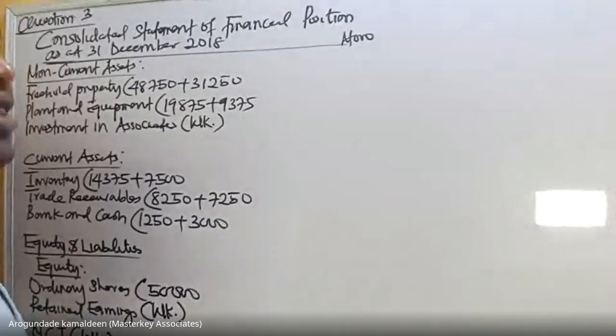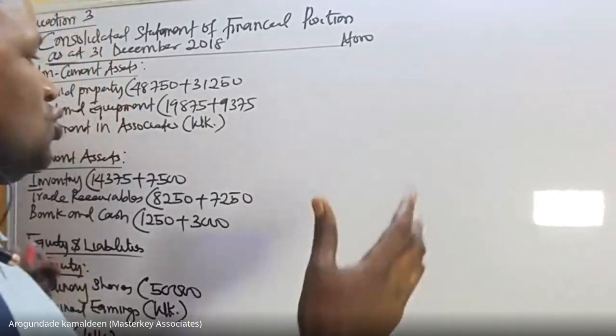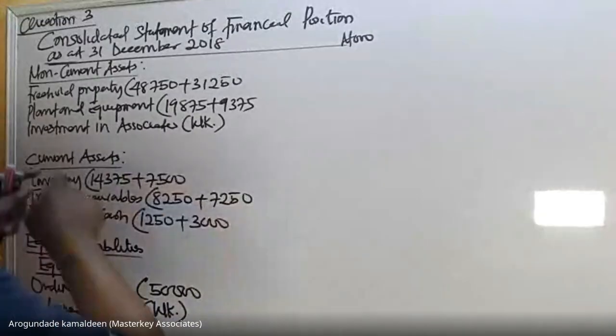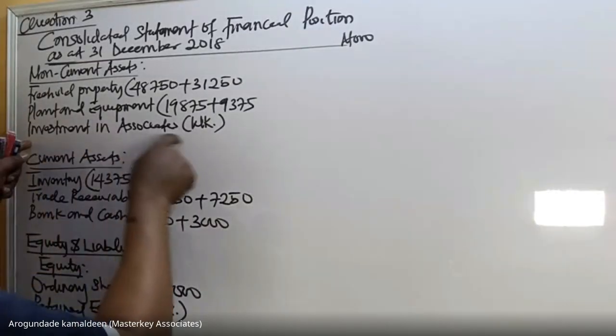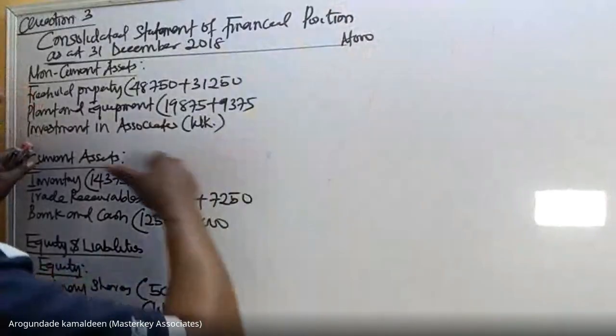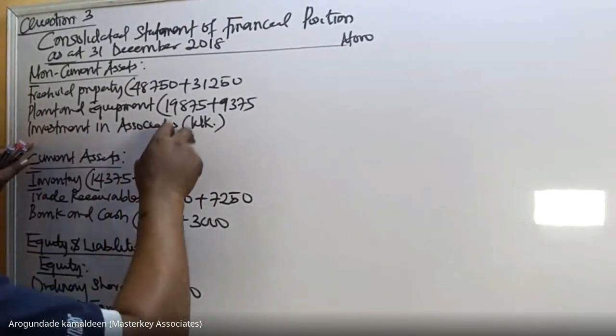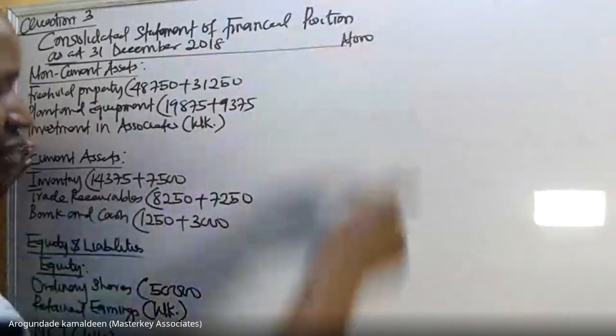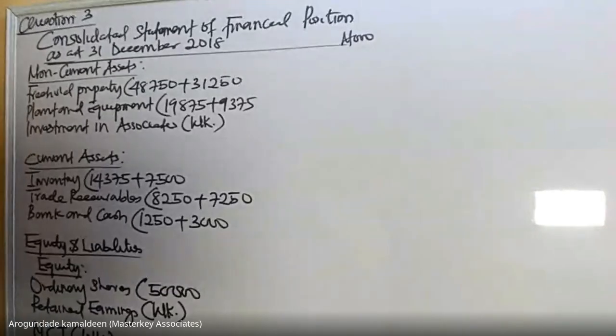It is not a subsidiary, so you don't have to add it. But you are going to include just one line here that will help us show the worth of our investment in the associate. So let's go to the workings now.